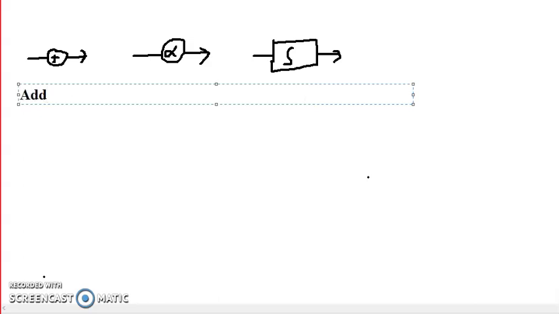One is an adder, then there is a multiplier, and there is an integrator. Okay, these are the three basic components which are used to realize a system in the continuous time domain.